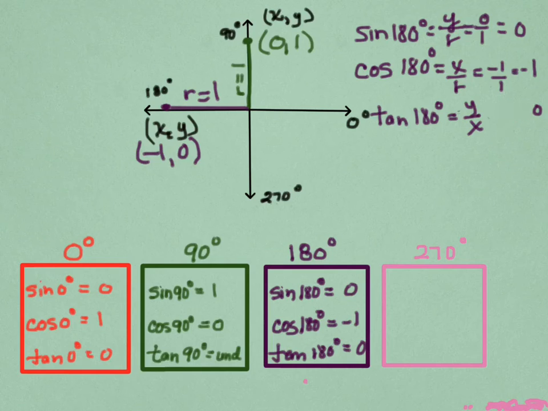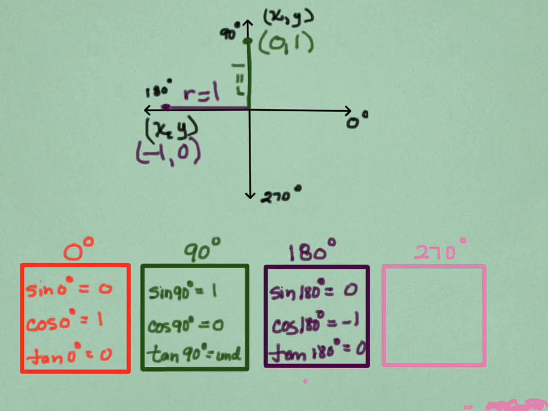And once again, let's erase what we have here so we can work with 270. At 270, our point is going to be 0, -1. That's our x and y. r is 1. So sine of 270 is y over r, which is -1 over 1, which is -1.